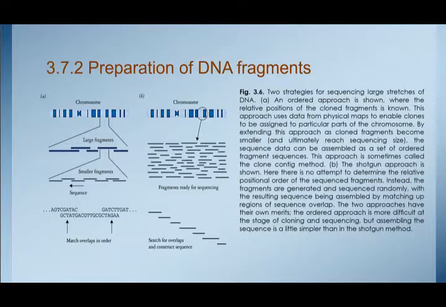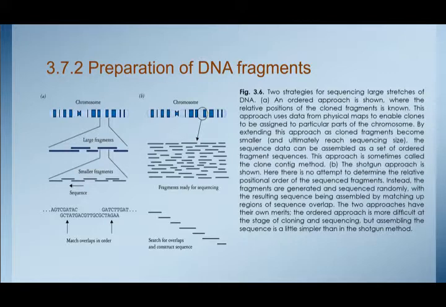This approach uses data from physical maps to enable clones to be assigned to particular parts of the chromosome. By extending this approach as cloned fragments become smaller and ultimately reach sequencing size, the sequence data can be assembled as a set of ordered fragment sequences.